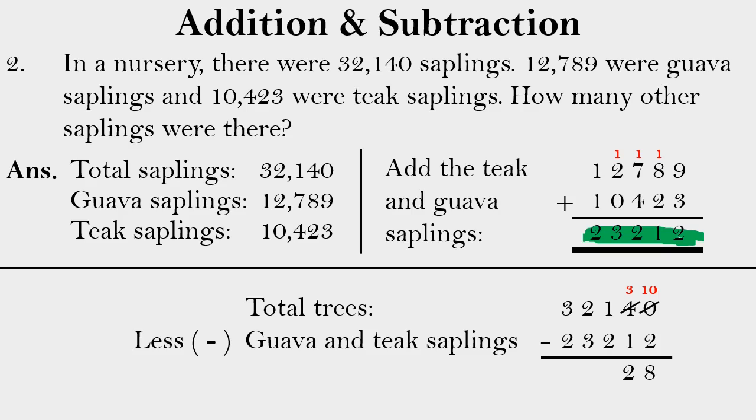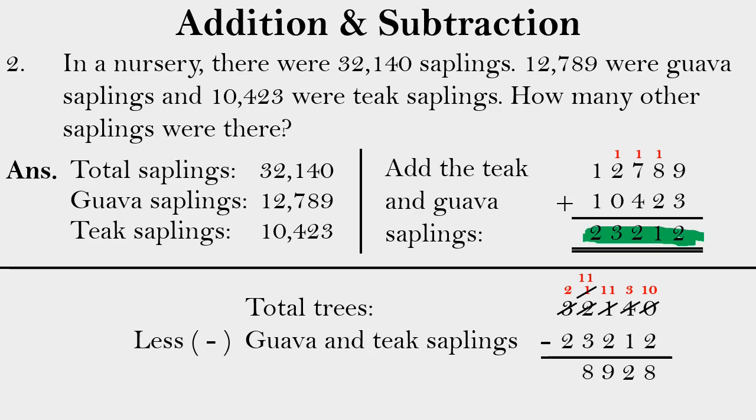I will come to the hundreds place. We cannot take out 2 from 1. We cannot subtract. So we'll borrow it from the thousands place. This 2 will become 1 and we'll carry over 10 plus 1, that's 11. 11, take away 2 from 11 and you'll get 9. We cannot take out 3 from 1, so we'll borrow from the 10,000s place. This will now become 2 and this 1 will now become 11 since we carried over 10 this side.